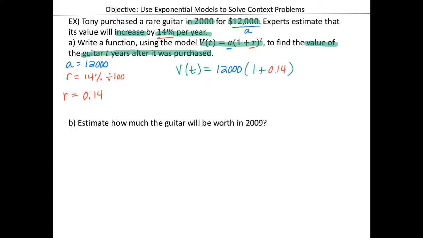And I'm going to raise that to the T power. So simplify, this is V of T equals 12,000 times parentheses, what's 1 plus 0.14? That's just going to be 1.14 to the T power. So this is my answer to part A.